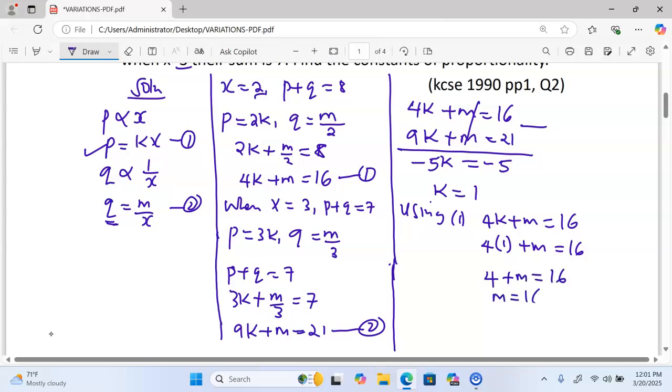M is going to be 16 minus 4, and this is going to be 12. Therefore, our constants will be k equal to 1 and m equal to 12.